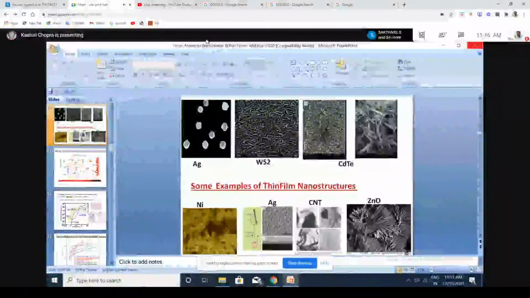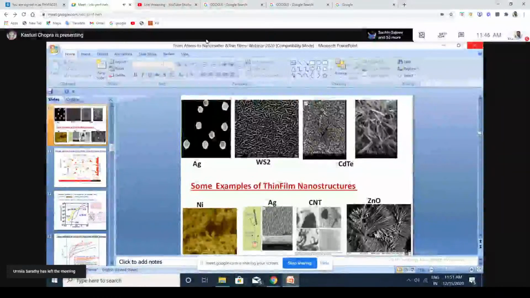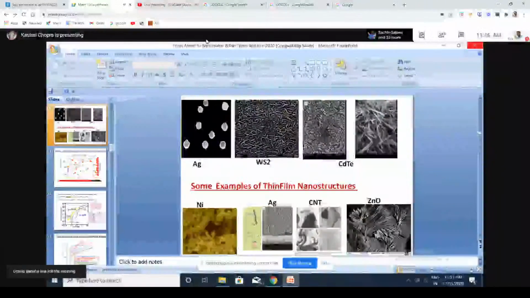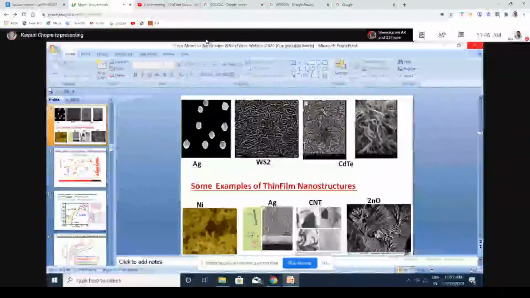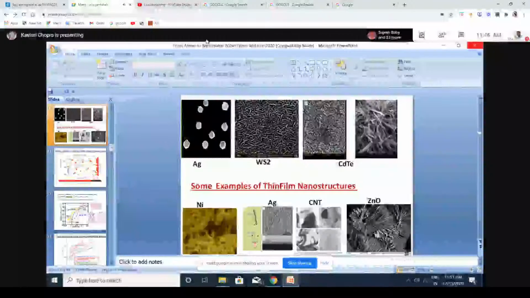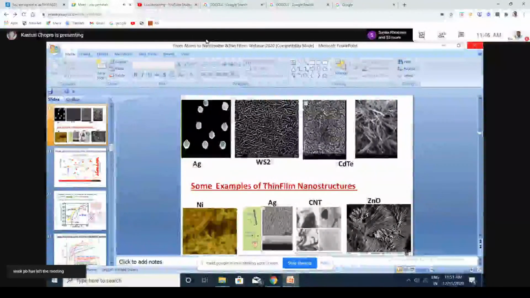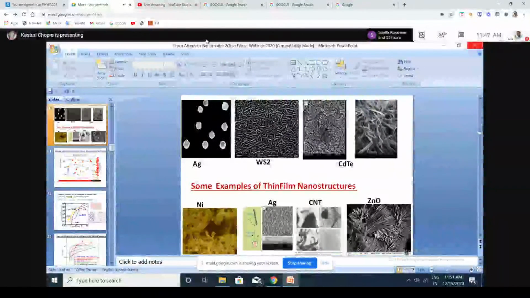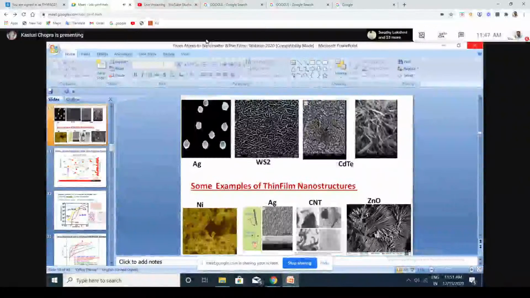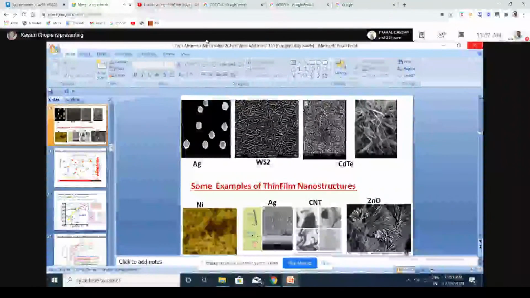Okay. But this is not the only one. You change the parameters and change the vacuum conditions, deposition conditions, you can change the structure drastically. Like I've shown here, silver, if you go slowly, nicely, put the atoms together, you form silver single crystal, small droplets in a way, small particles, different shapes. You can see quite different shapes here. Or you can form wires if you want, like cadmium telluride. Or you can make a powder, for example, nickel.